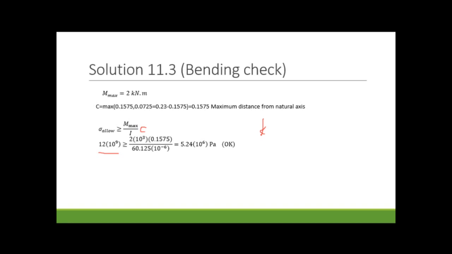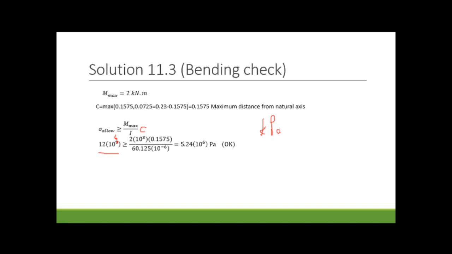It is Newton kilometer, this should be kilopascal, and we are always converting to pascal, therefore this is megapascal. To convert to pascal we obtain these values. It should not be 9, it should be 6. I miscalculated, sorry. If I put it here, this value is 12 times 10 to the power 6 and this value is 15.724 times 10 to the power 6.